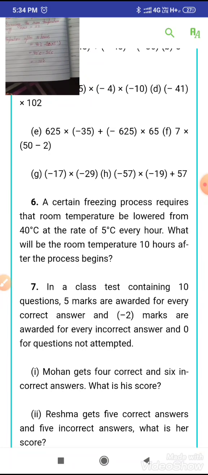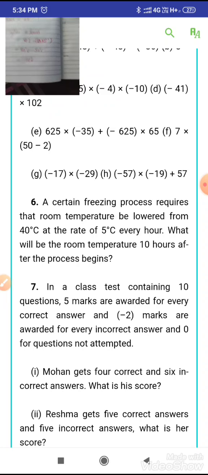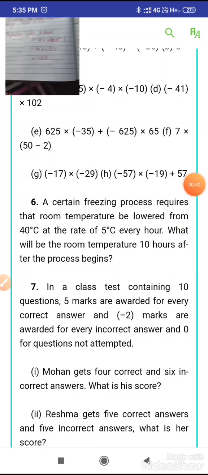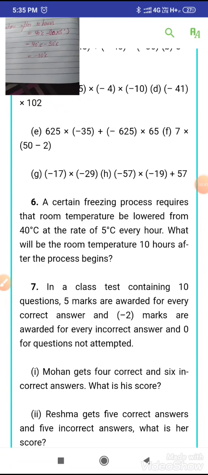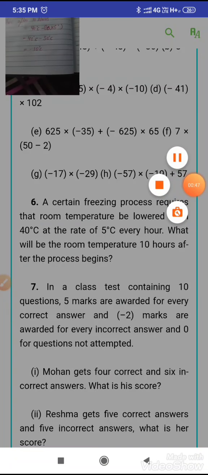And our answer is 40 degrees Celsius minus 50 degrees Celsius. As we know, if we subtract integers, the sign of our result is according to the greater number, the sign of the greater number. So our answer is minus 10 degrees Celsius.